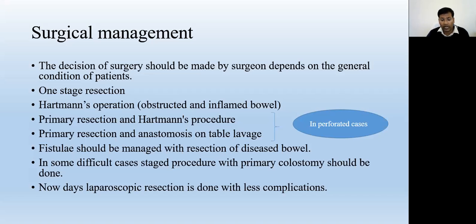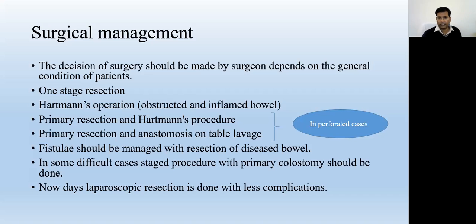If anyhow the patient has developed a fistula, in that case also you have to resect that particular part of the bowel and repair the fistula, either a colic fistula or other fistula; an intravesical fistula may be there. So you have to resect that part of the bowel and close, repair that fistula.